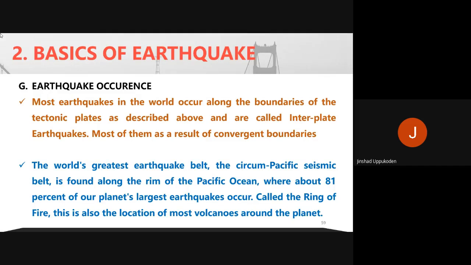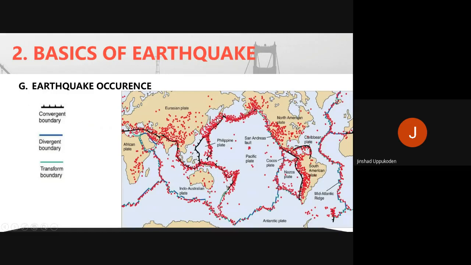I think I must have shown you this figure. This is actually the Pacific plate here. There are earthquakes in other areas too, but comparatively less. But in this area, the largest number of earthquakes and volcanoes occur, and hence this area is called the ring of fire.